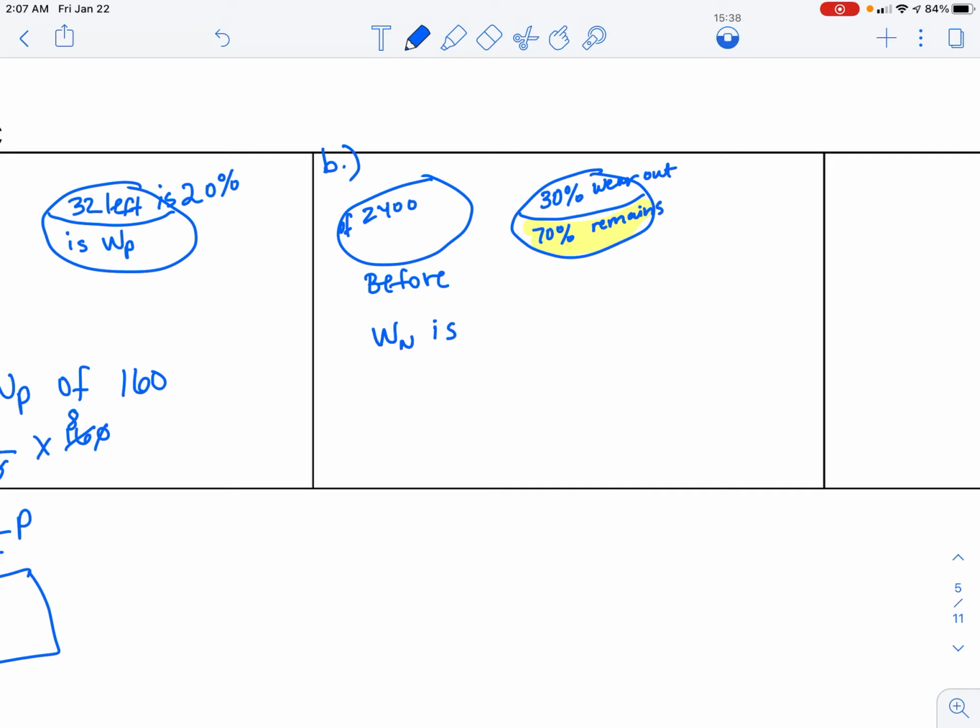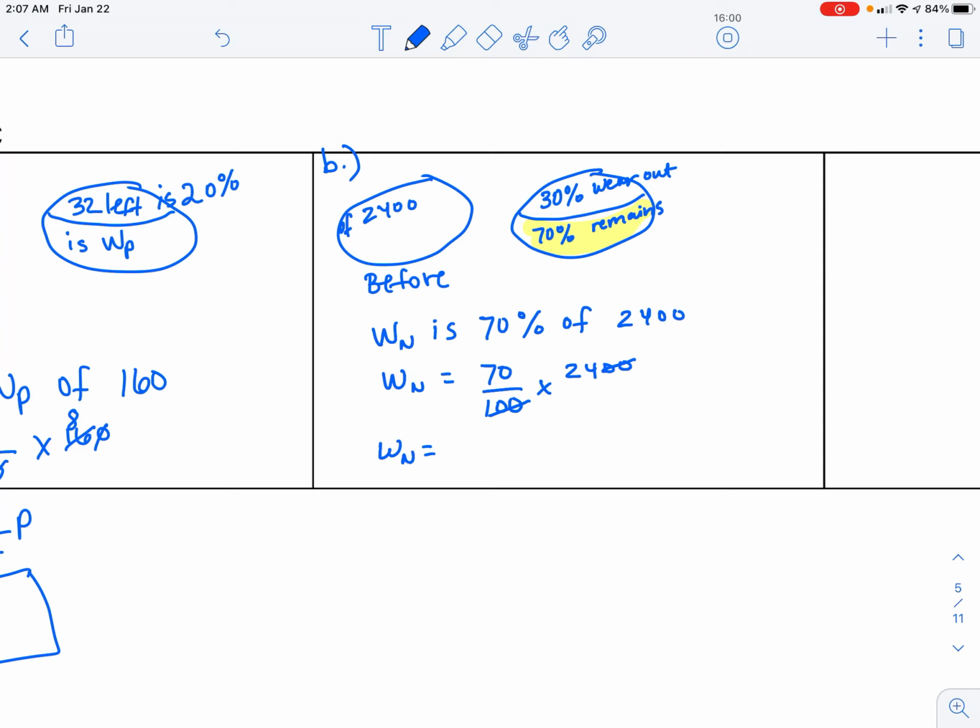So let's write this out. What number is 70% of 2,400? Now we'll put that in an equation form. And you can do the same thing. I'm going to knock off 2 zeros there.